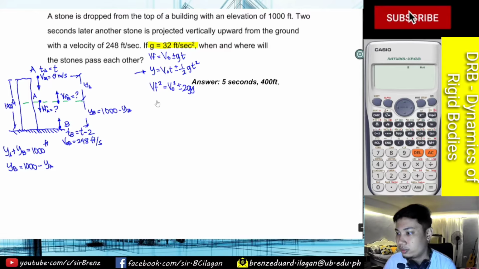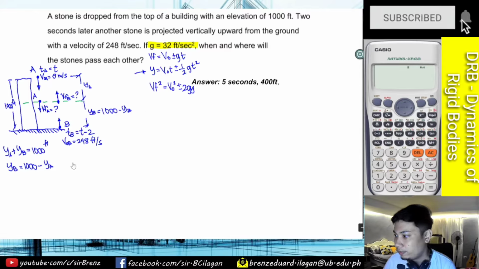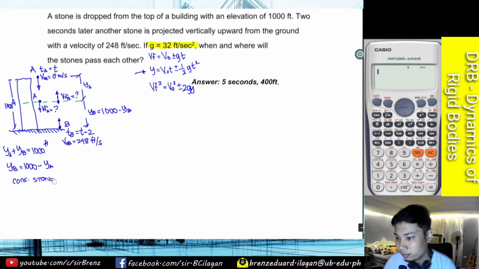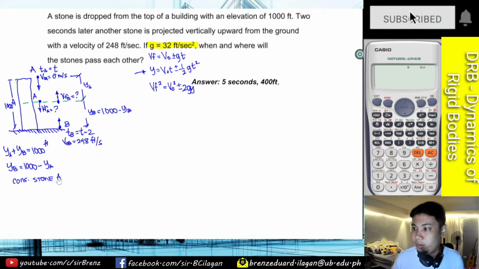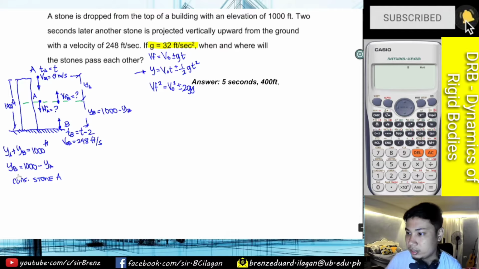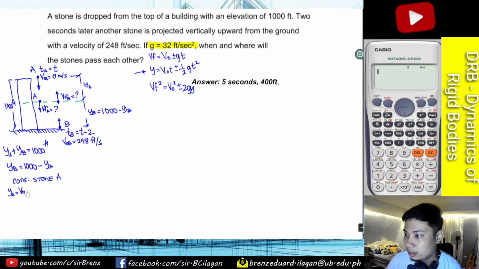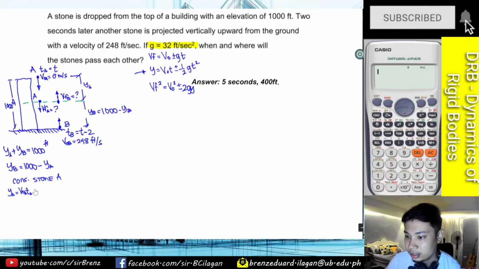So let's start first with stone A. Where can we write this? Okay, here. Considering stone A, let's write. Using that formula, YA is equal to the initial velocity times ta, so initial velocity A times ta, plus or minus 1/2 of g ta squared.